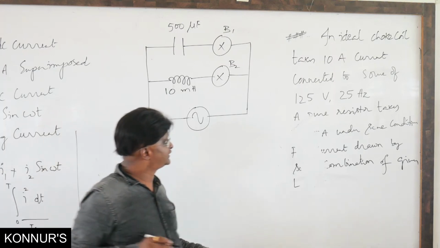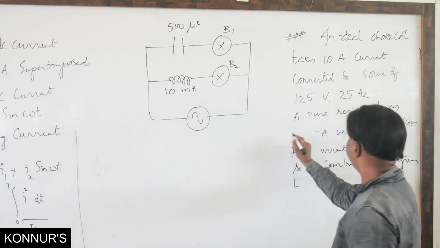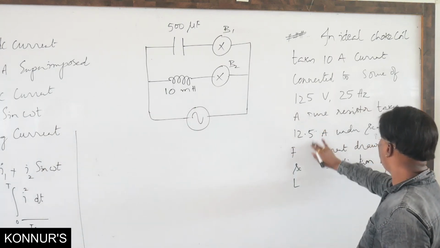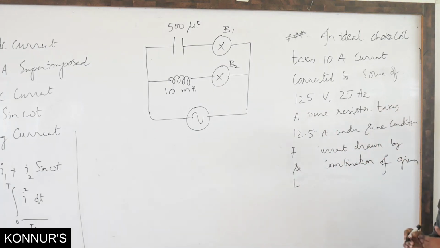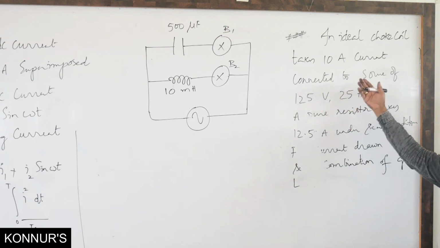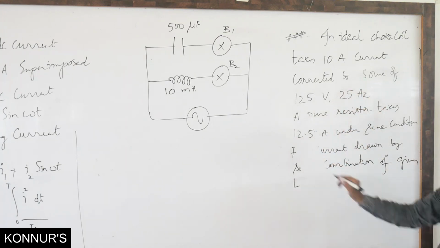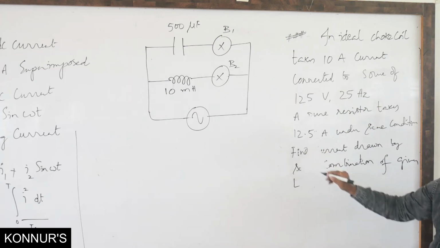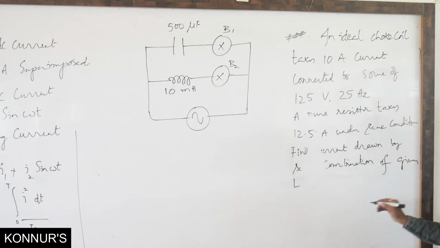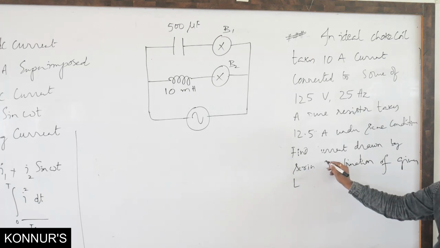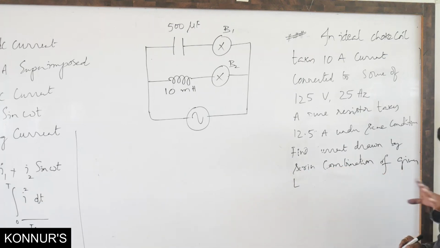Now, a pure resistor takes a current of 12.5 ampere under the same conditions. For the same source, instead of the inductor, if it is a resistor, it is taking 12.5 amperes of current. Now the question is, find the current drawn by the series combination of the given L and R values.